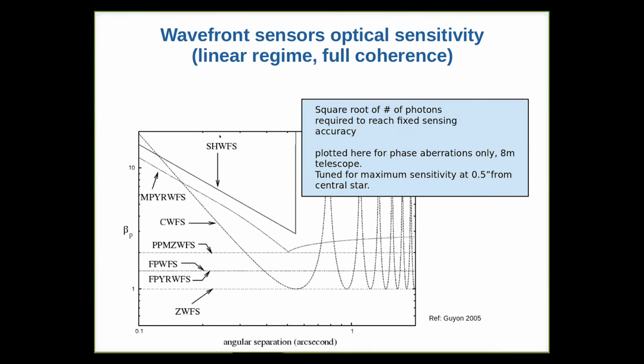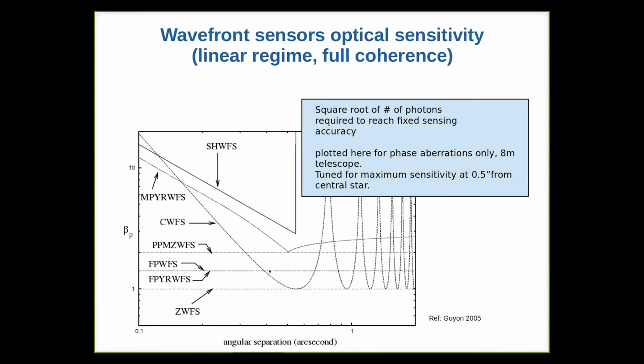This is a figure from the paper I published in 2005. So this is an old problem that we're constantly revisiting. But here is how different wavefront sensors map in this sensitivity. The two axes are angular separation, which is the equivalent of spatial frequency, going from low spatial frequency like tip tilt on the left to high order modes on the right. And the sensitivity is on the vertical axis.